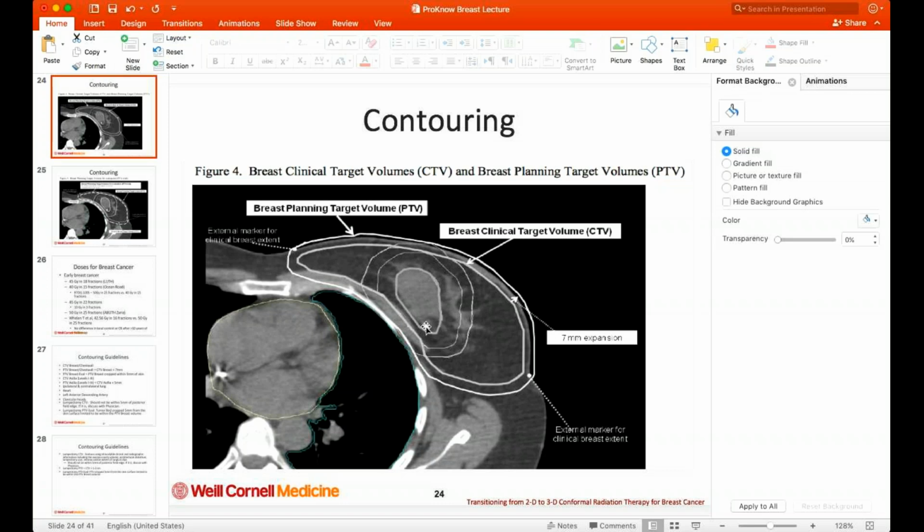Sometimes there are clips like this white appearing thing here that help you delineate your lumpectomy bed. So you can draw out the lumpectomy bed, and you usually then expand it to a PTV by adding 1 to 2 centimeters to the lumpectomy bed.